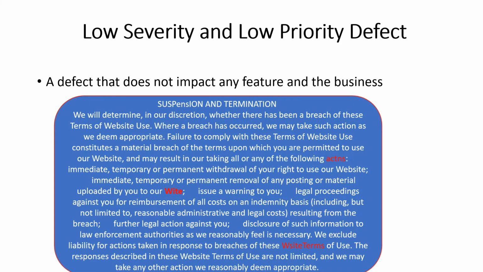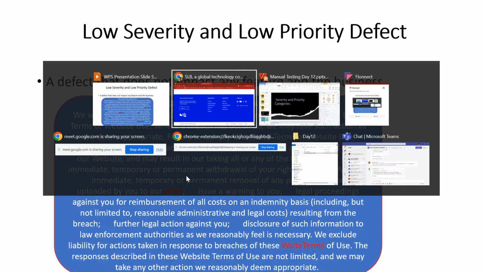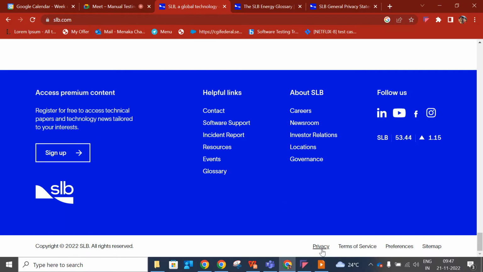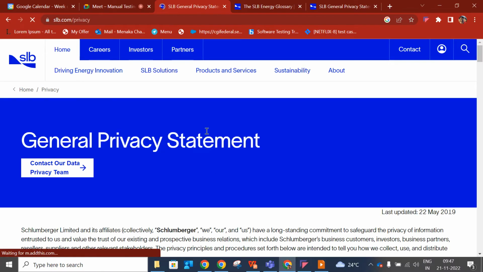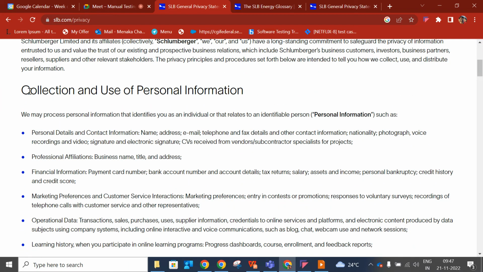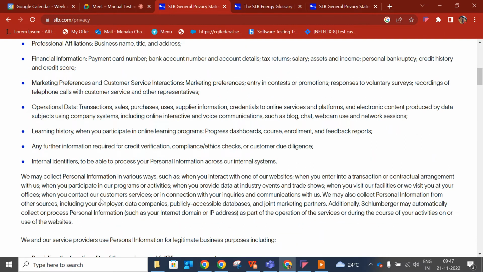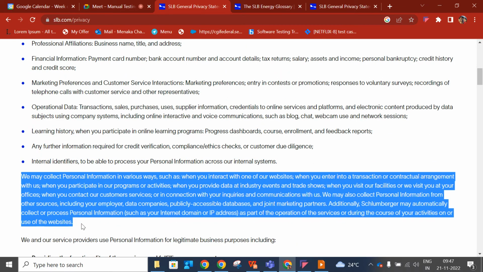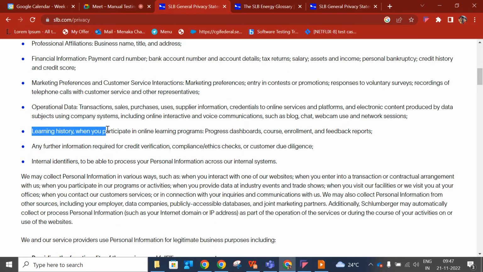So the next one, low severity and low priority. Now you see, I have this privacy page, right? I open this privacy page and I have content over here. Imagine in this content I have a spelling mistake. Here I have a paragraph missing. I have a spelling mistake over here.